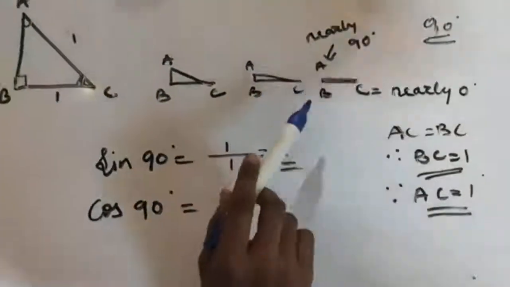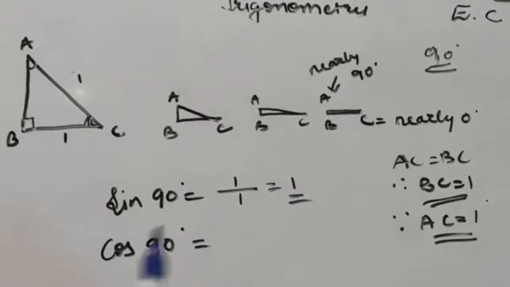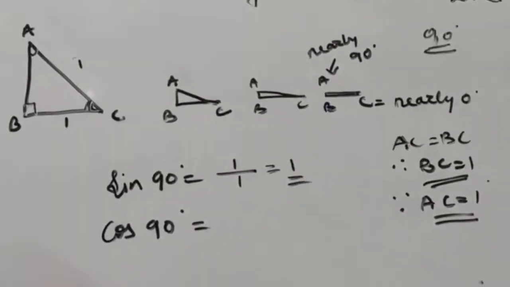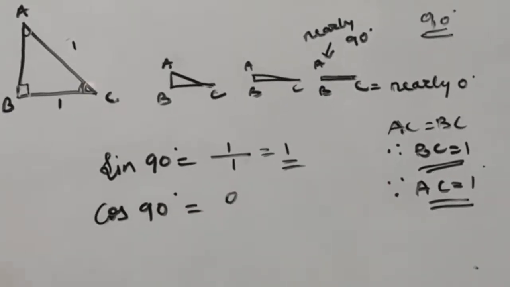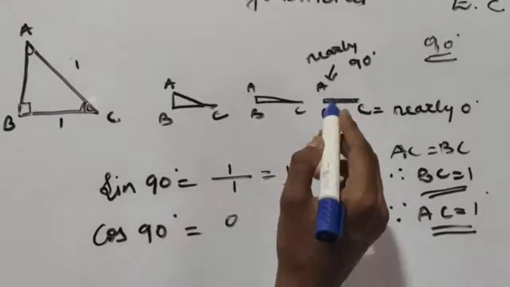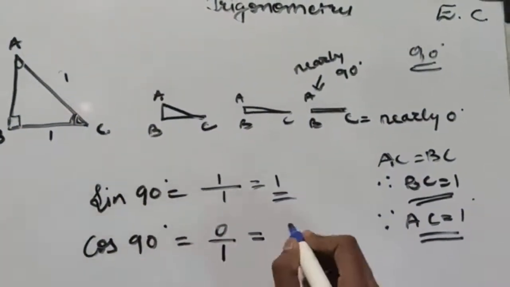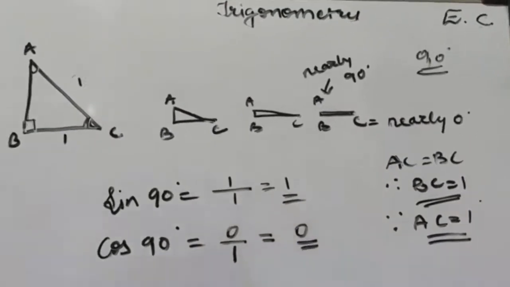So we are talking about angle A. So adjacent side is side AB. The measure of side AB is 0, whereas hypotenuse, that is the side AC, is 1. So it will be 0 by 1. You know that it is 0. Okay.